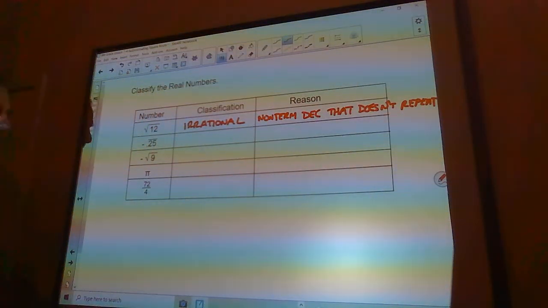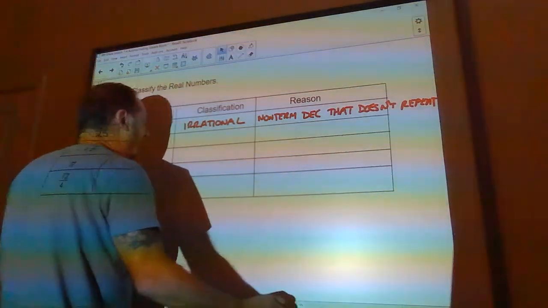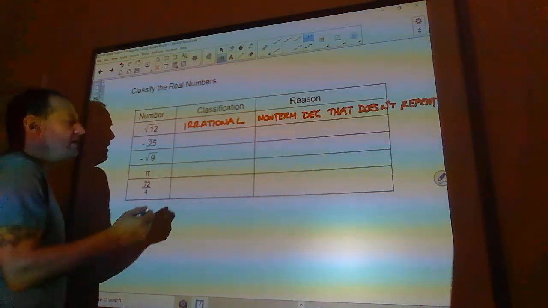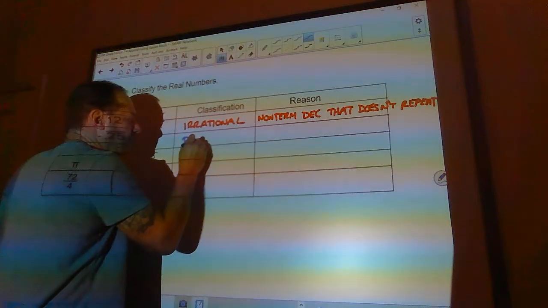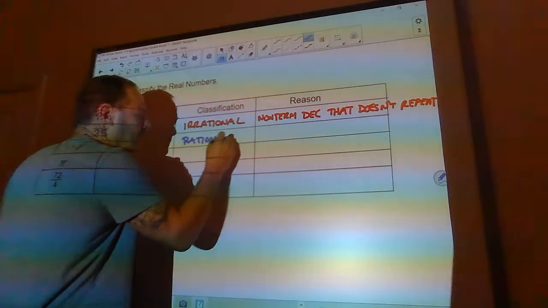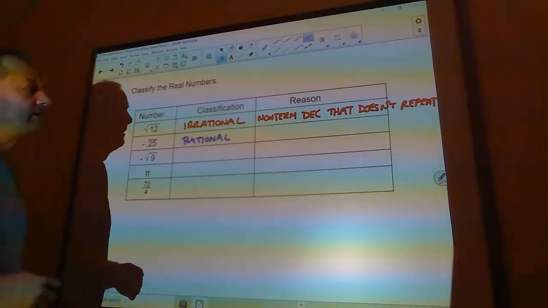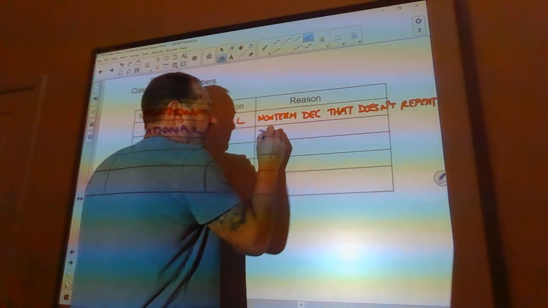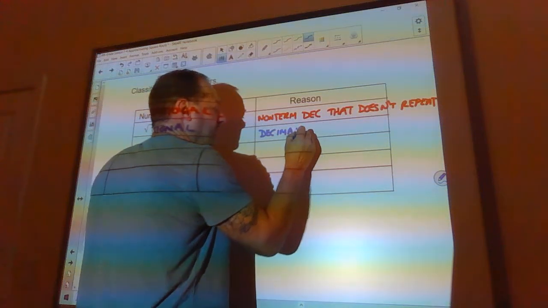Okay. Negative 0.25 repeating, so that's negative 0.25, 25, 25, 25 forever. That's a rational number. It's a decimal, it repeats.